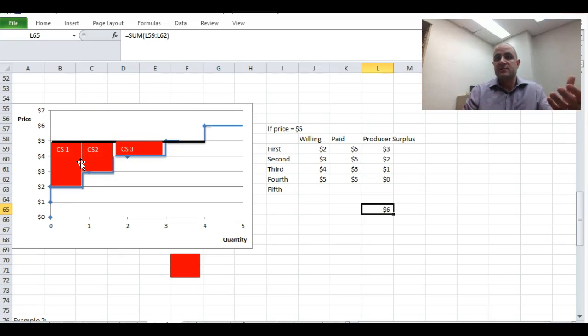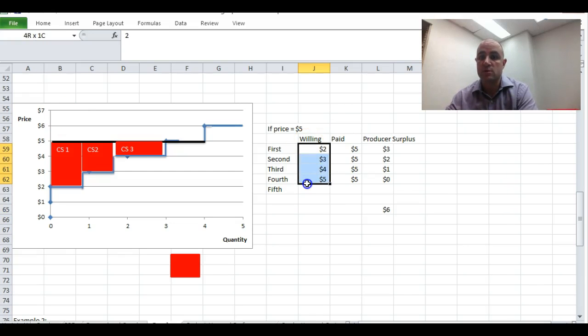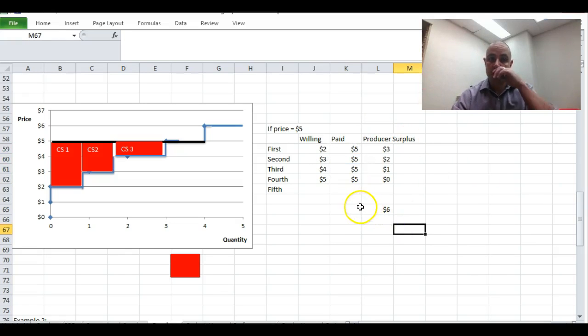These are the amounts above what they were willing to sell for. For example, in selling the first, second, and third, in total they were willing to sell for $14. They actually sold for $20. So they sold for $6 more than they were willing to. Right? Benefit to the producer.